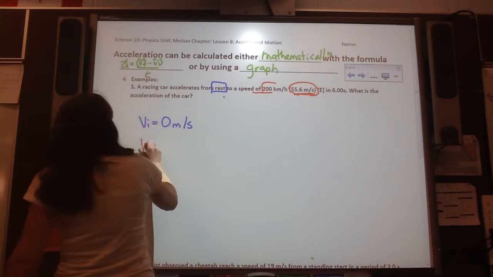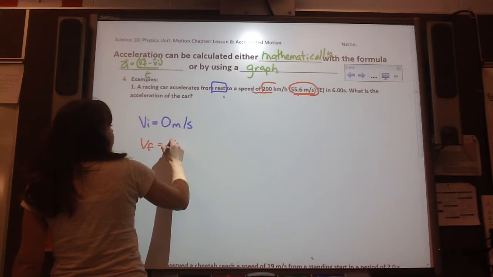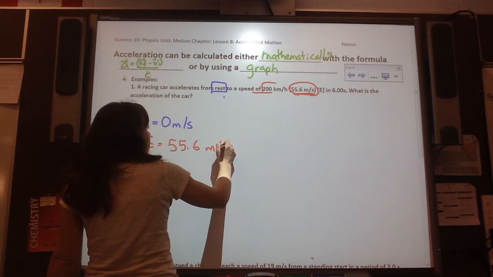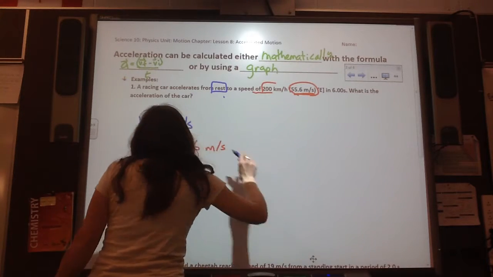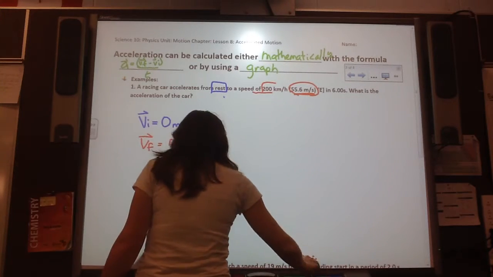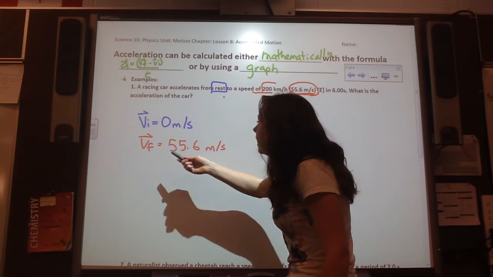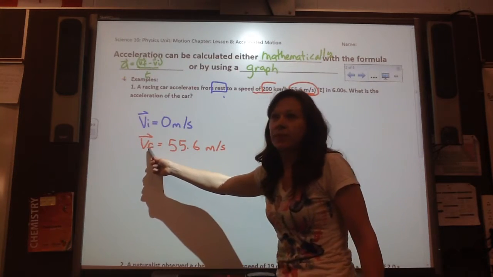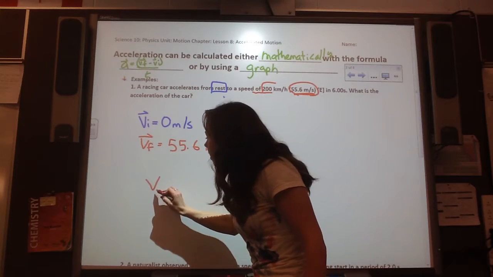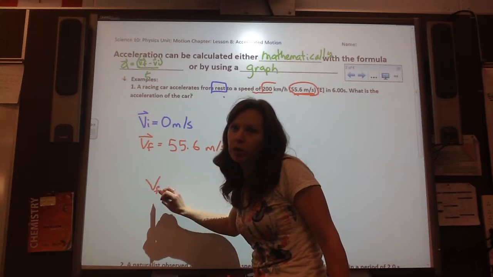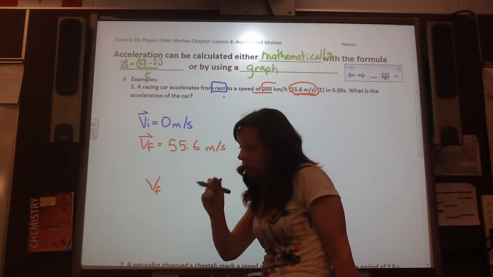So VF is equal to... Do they have to have arrows over the V's? Yes, thank you, Josh. And the F is a little subscript, it should be little.